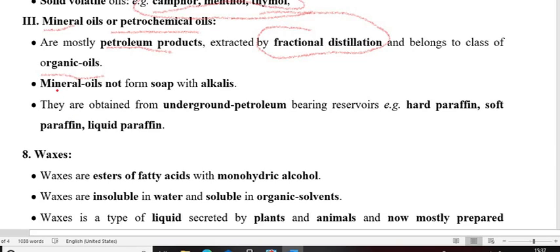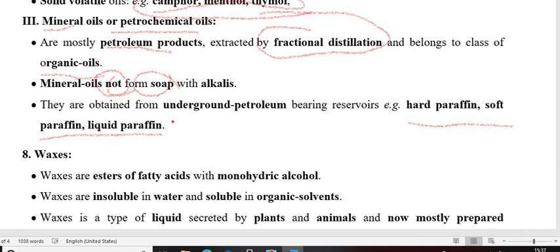Mineral oil, similar to the volatile oil, is not forming soap with the alkali. This is also not forming soap with the alkali. And the examples under this are hard paraffin, soft paraffin, and liquid paraffin. These all three are petroleum products and called mineral oil or petrochemical oil, and we are going to use them as a base for the preparation of ointment.